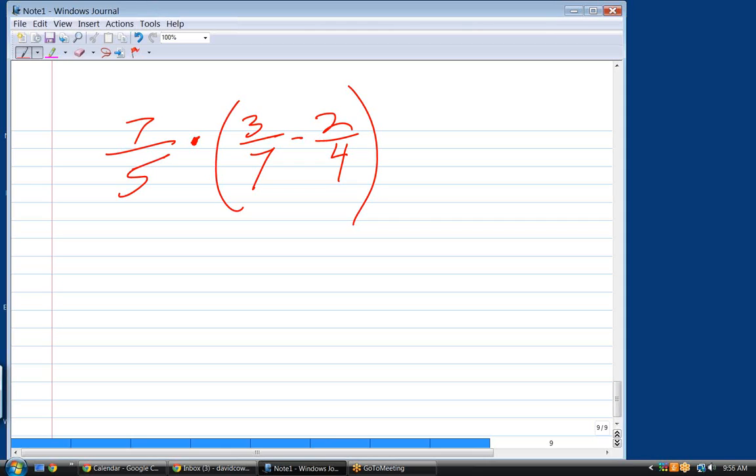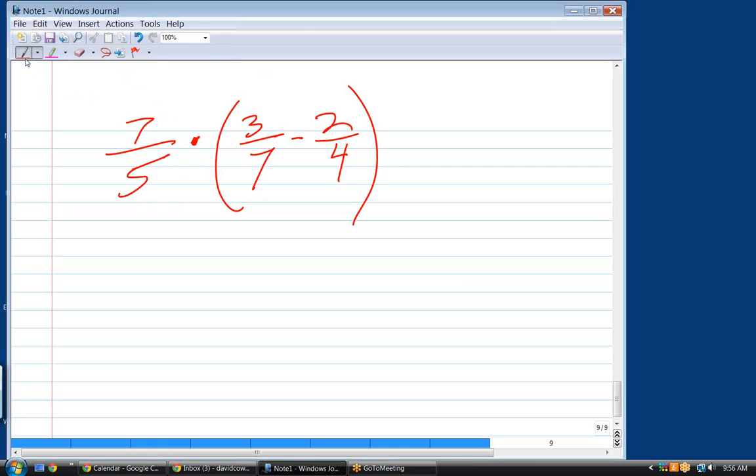This one, I think it's probably a toss-up as to which one is harder or easier. I would do the distribution first. Why? Because I can immediately see when I multiply this number by this number, the 7's go away and I end up with 3/5. So I keep everything small. The whole idea here is to deal with as small numbers as possible.